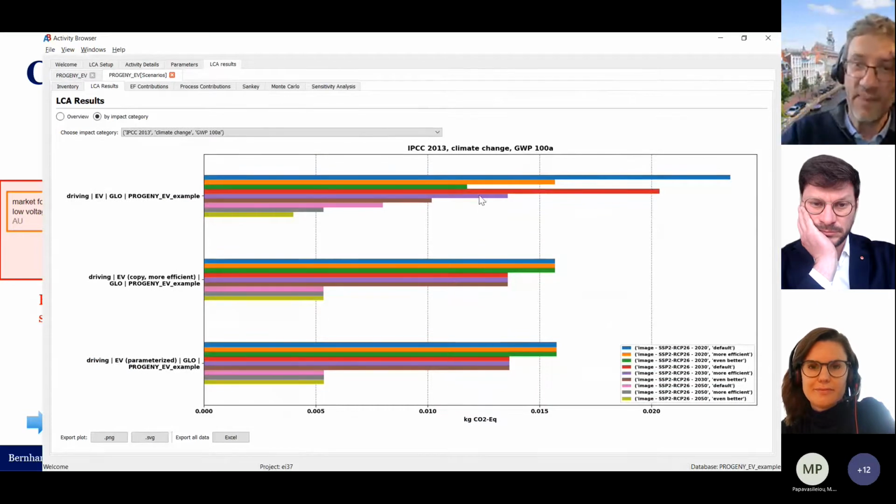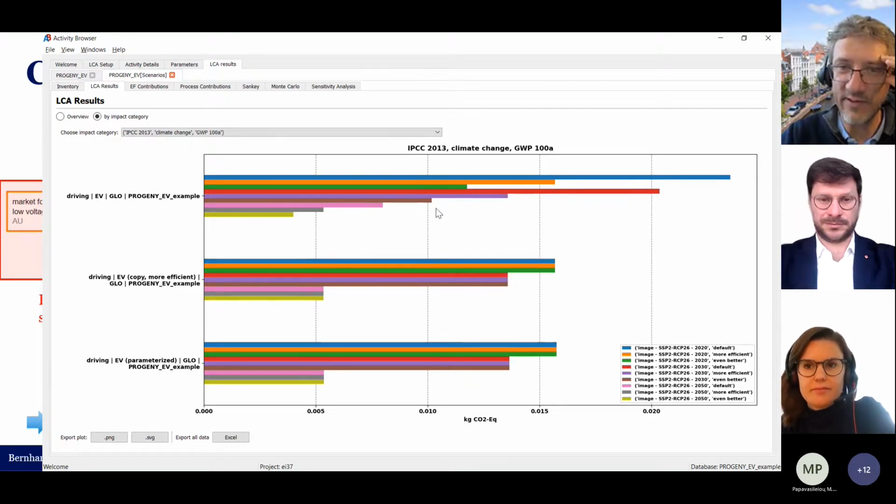Okay. You can see that the first 3 are always 2020, 2030, 2050. So here you see that for 2020, it still matters a lot how efficient our EV is, and the same goes for 2030 and even for 2050.